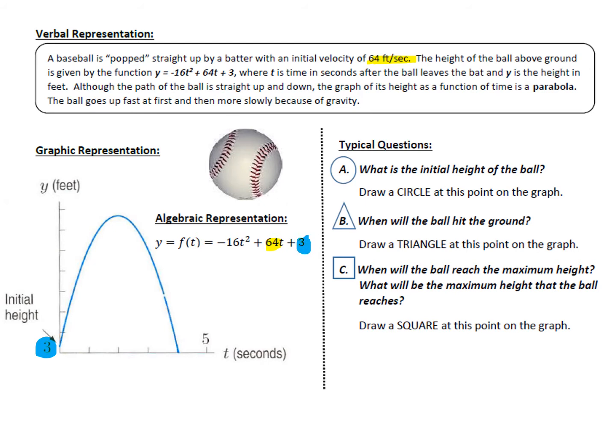Just a reminder, the constant is a number without a variable. And then the only number that we have not talked about thus far is that negative 16. And that negative 16 that we see there is actually gravity.